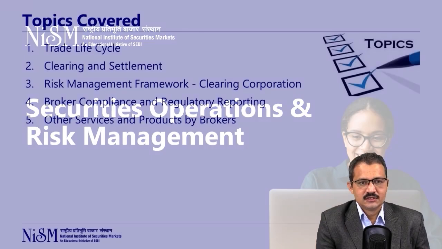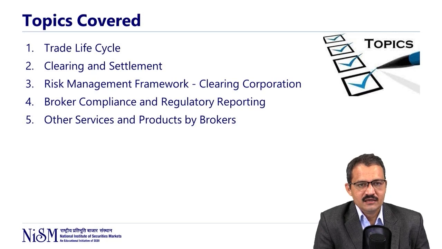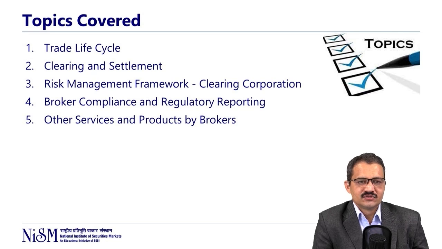So let's see what we have for today. Today we have the trade life cycle, how the trade life cycle happens in the secondary market from trading to clearing and settlement and then transfer of securities or funds to the end client. Then clearing and settlement, focusing more on the clearing corporation side, and also the focus will be on the cash market and we will cover a little on the equity derivatives side.